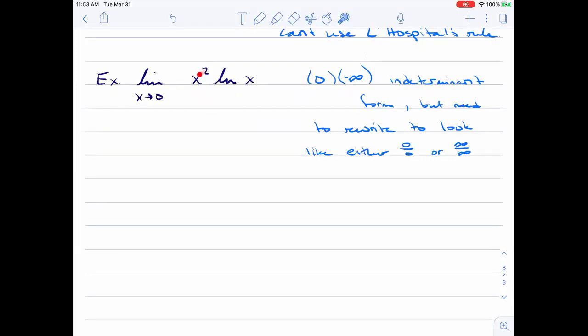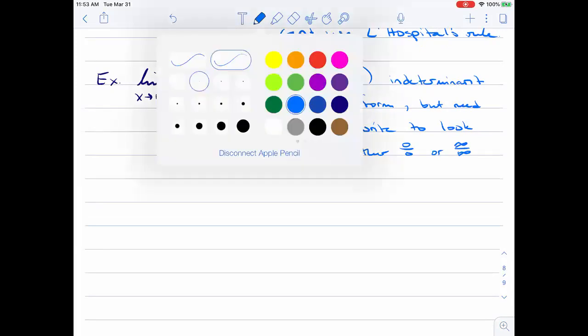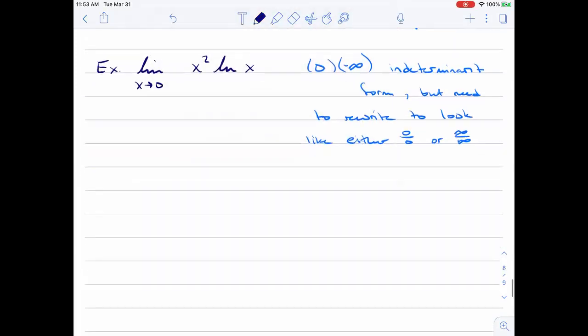I can just make the power negative and bring it down. And so what I'm going to do is rewrite as f of x over g of x. So I'm going to have the limit as x goes to 0 of the natural log of x over x to the negative 2.